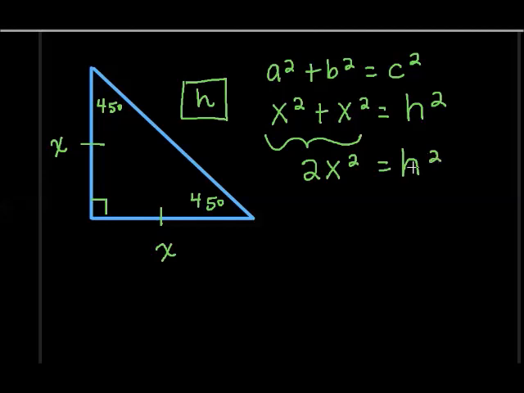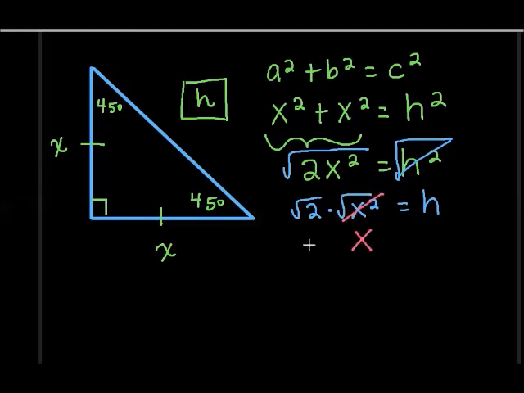I'm trying to find out the value of just h, not h squared. So I'm going to take the square root of both sides, and whatever I do to the right, I have to do to the left. So now I've got the square root of 2 times the square root of x squared equals the square root of h squared, which is h. I can do a little simplifying here because the square root of x squared is simply x.